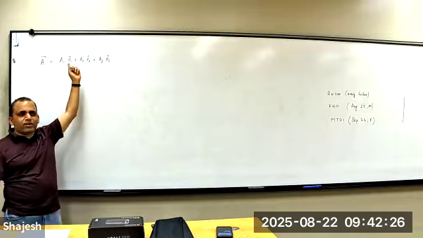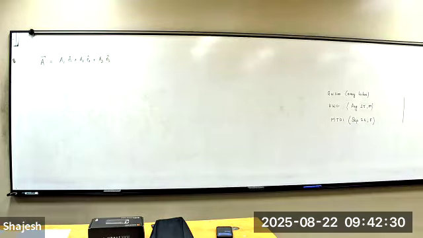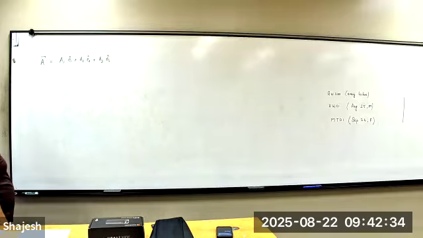This is i, j, k. I wrote it as 1, 2, 3 so that I have a label going after it. We are always going to be working in rectangular coordinates, not polar, spherical, or cylindrical coordinates.